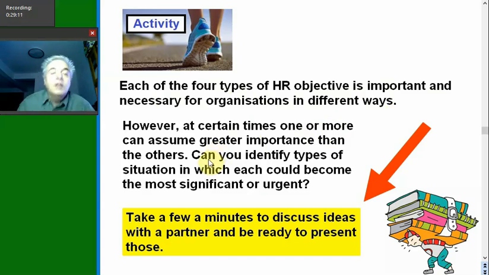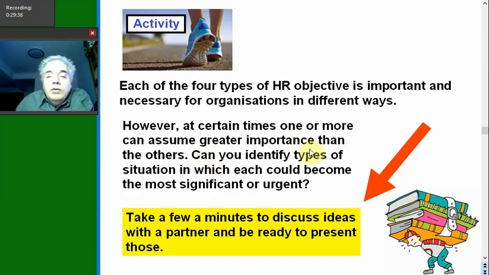For example, you're firing a lot of employees, and they would not be happy. Some of them are going to say, why are you firing me? They may not agree with the reason, and they may want to sue the company. So now the administration objective becomes more important. You have to have all the information because you have to defend yourself if they're suing you. A lot of employees take companies to court.